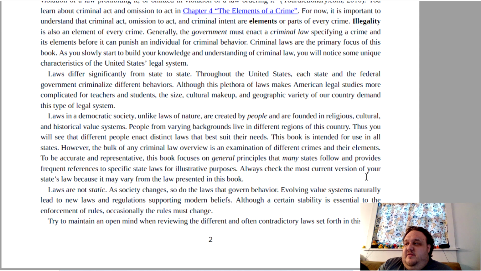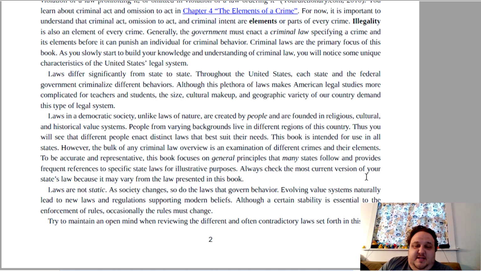But one thing to note specifically about the United States is that we have a federal government that has federal laws, but we also have 50 individual states that all have their own state government, which means they have their own state laws. So laws can vary from state to state. They're widely and wildly different.